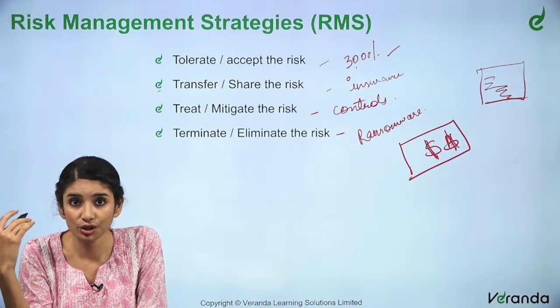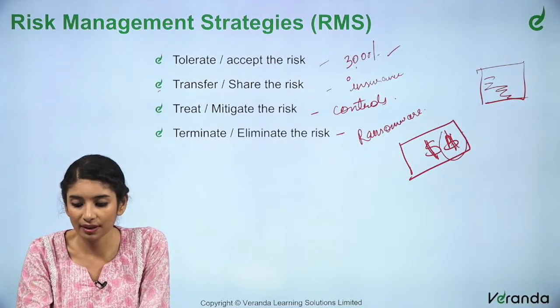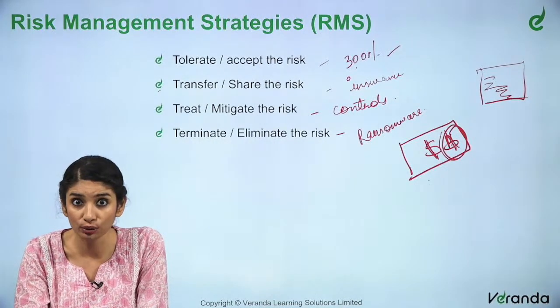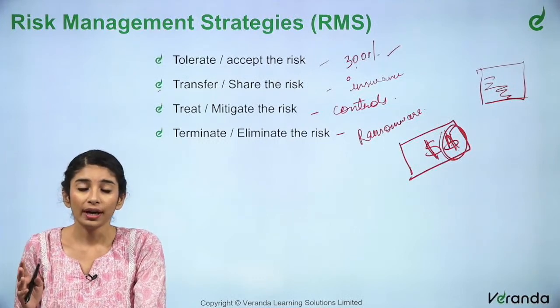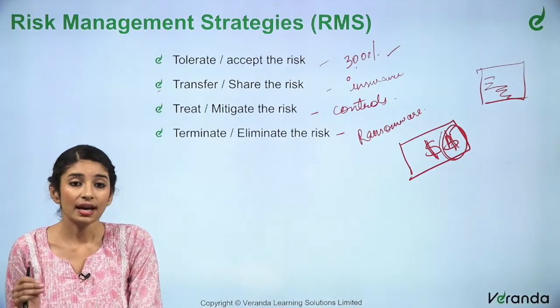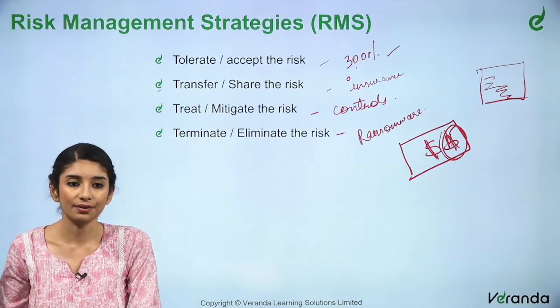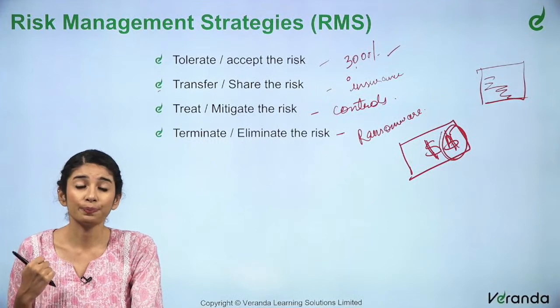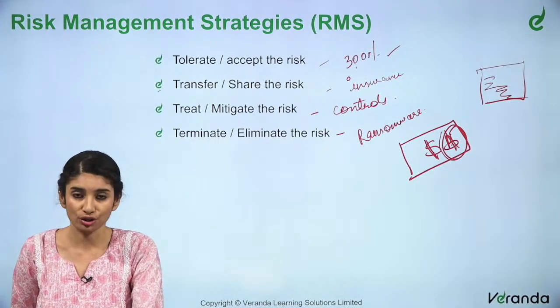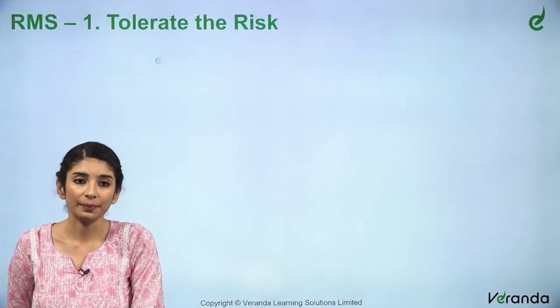Can my organization afford that? If the ransom that they ask for is very huge, then no, I cannot. So, I need to make sure that all the systems I put in to safeguard my files are there to terminate that risk. There is no way that any ransomware can come into my system because I have put in the best of the security measures. Terminate or eliminate the risk.